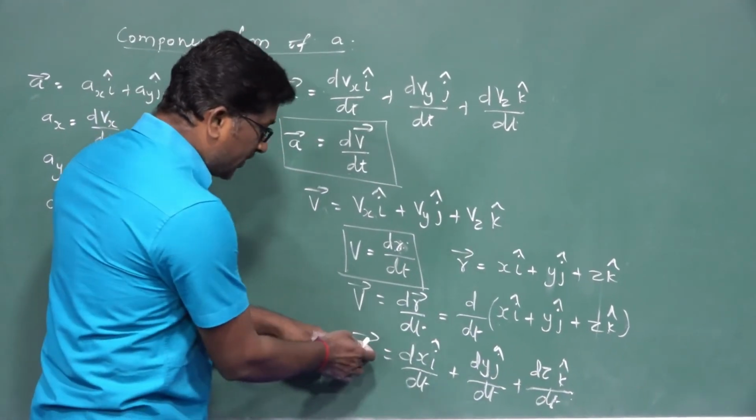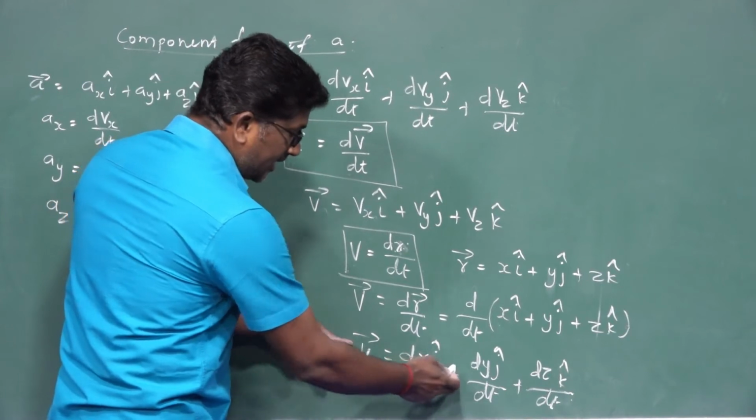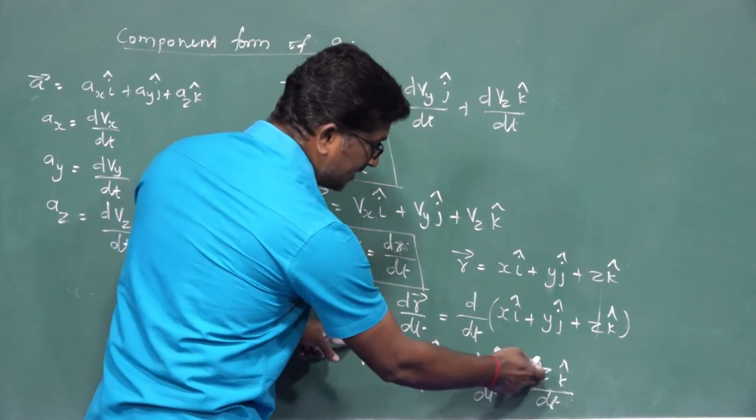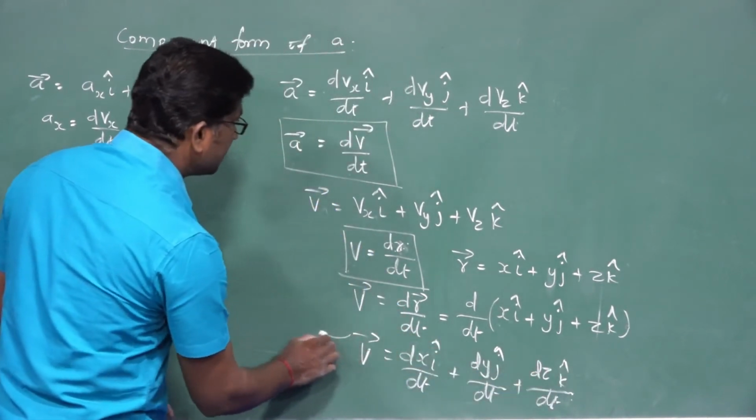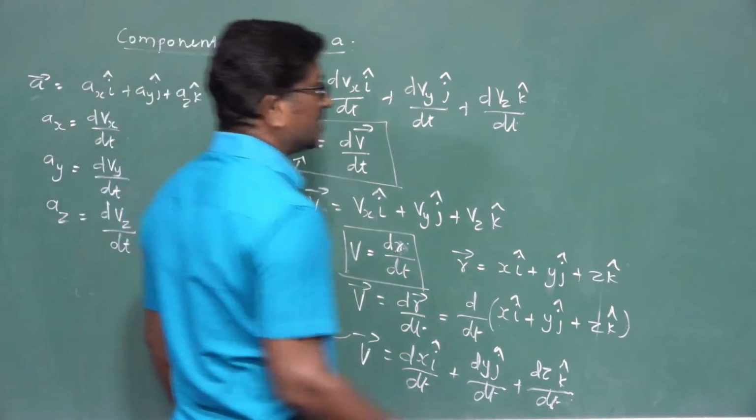Now substitute V vector equal to dx i cap divided by dt plus dy j cap divided by dt plus dz k cap divided by dt in this equation, right?